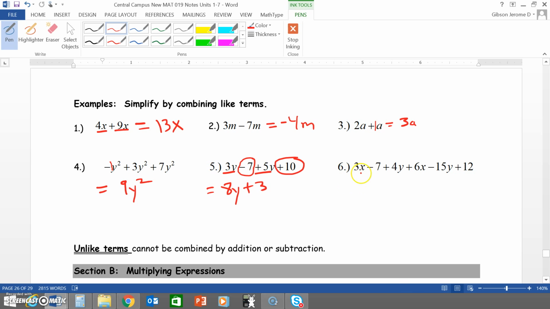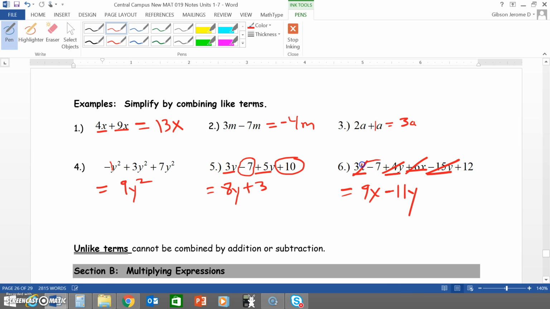Now number 6, we have 3x plus 6x. Now remember, we always look at the sign in front of the term. 3x plus 6x is 9x. So that'll take care of the x's. Now we come to the y's. Positive 4y minus 15y will give us a minus 11y.